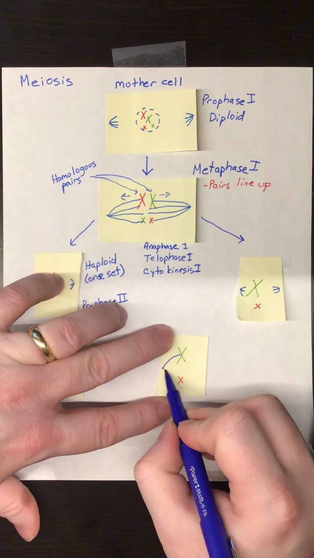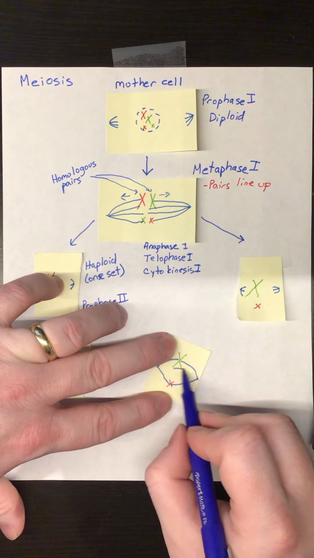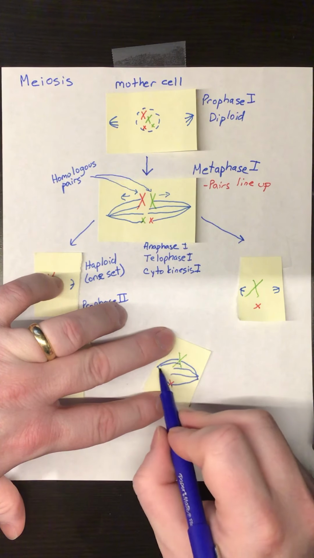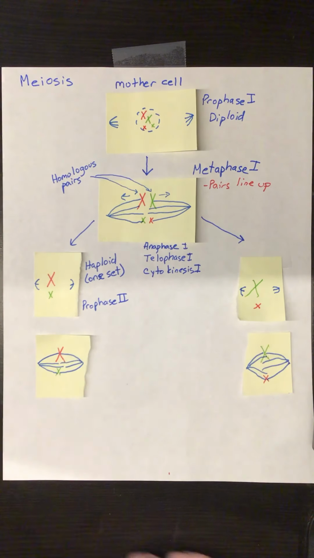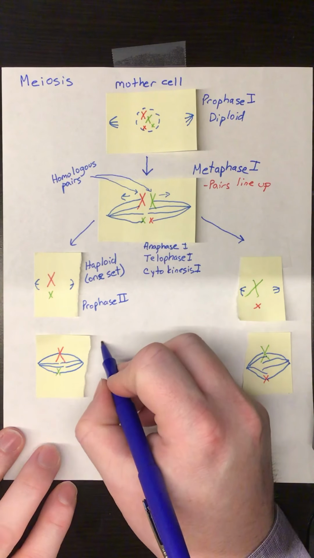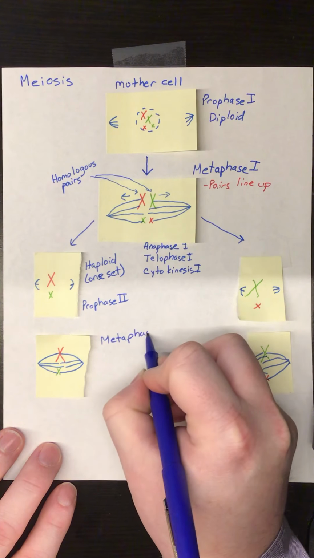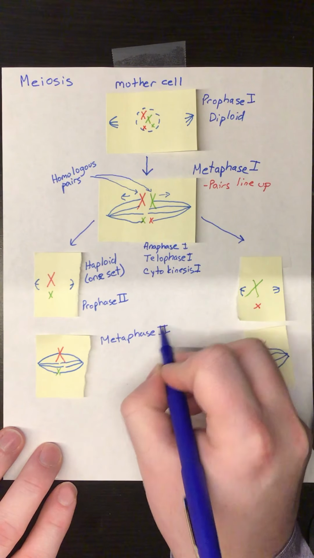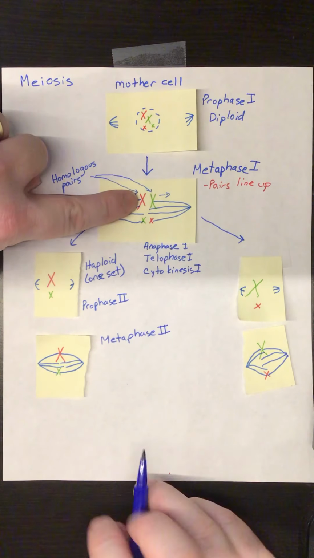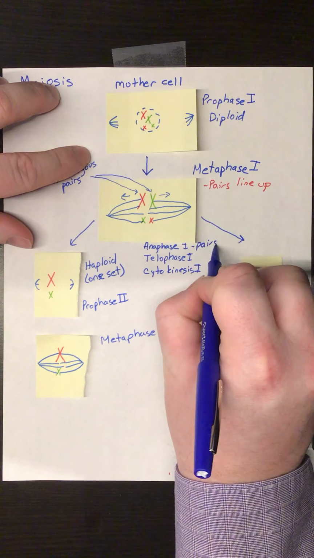Same thing over here. So identical processes are happening in these daughter cells. Put that guy back over there. And then we've got anaphase 2. So this is metaphase 2. And before you saw that the pairs separate in anaphase 1.